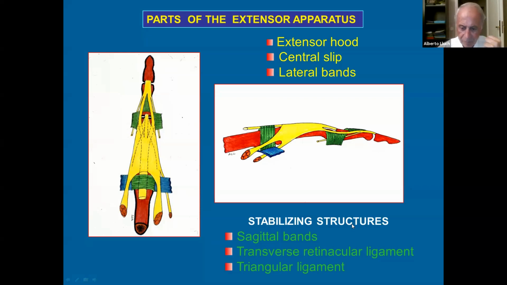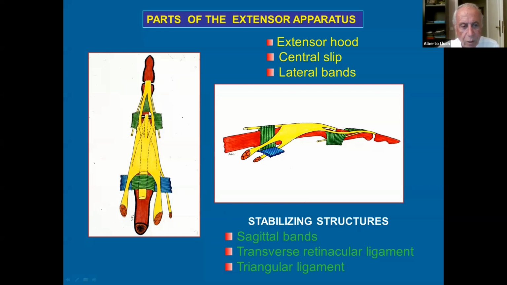Which are these stabilizing structures? They are painted here in green. We have the sagittal bands that stabilize the extensor tendon on top of the head of the metacarpal. Then we have the transverse retinacular ligament here and here, which prevent the lateral bands from displacing dorsally, like when a person does a hyperextension of the PIP joint or a swan neck deformity. And finally, we have the triangular ligament.